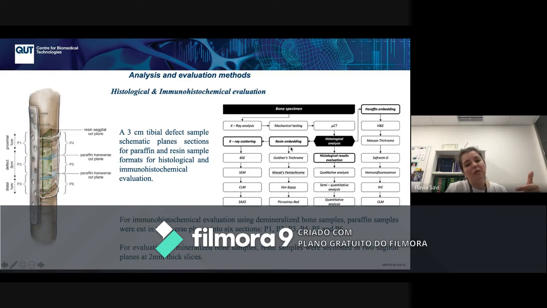For resin embedding, we use specific stainings, such as Goldner's trichrome, Movat's pentachrome, and Picrosirius red, which is a fluorescent staining that is going to give you the structure of the new collagen fibers being created. For paraffin samples, we use H&E, Masson's trichrome, similar stainings that are going to show you the structures being formed.